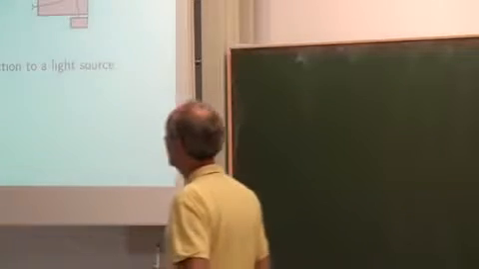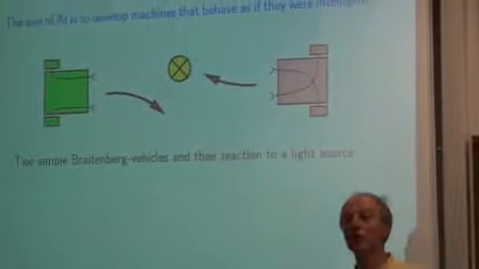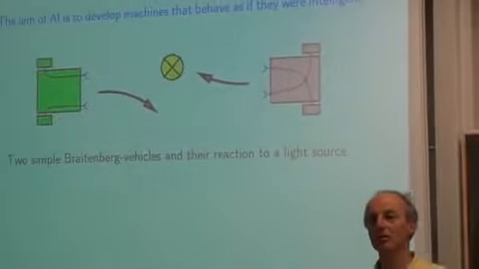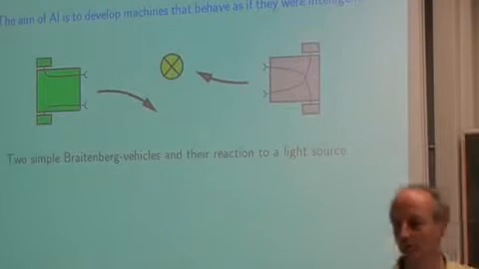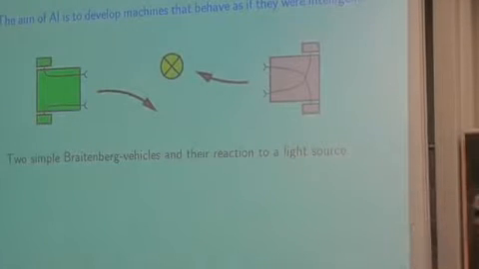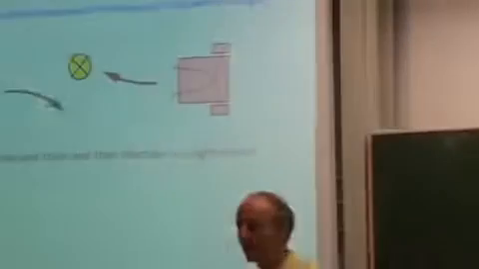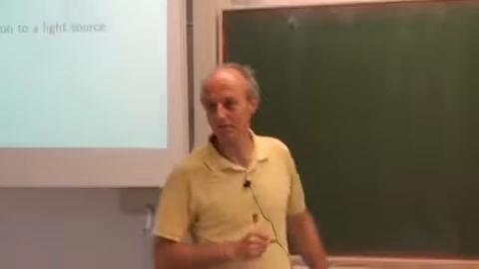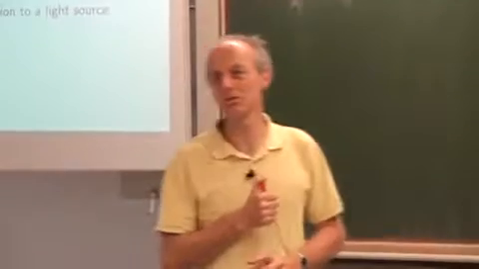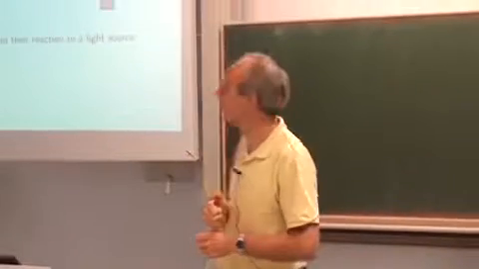So now what happens, if you take these guys, they'll all move away from the light, and finally they will crash into the walls of the room, so they will be all around the walls. These guys, they'll all move towards the light and hit into the light. Okay, this is not really interesting.